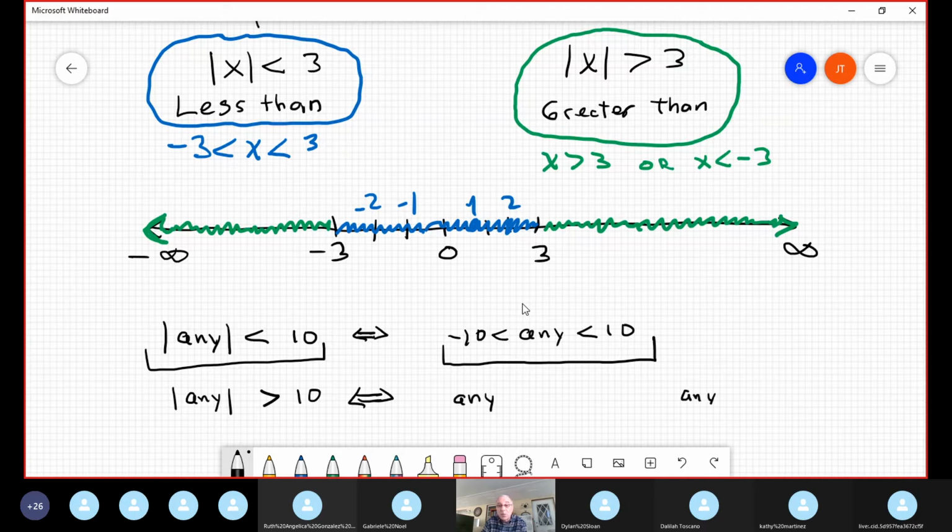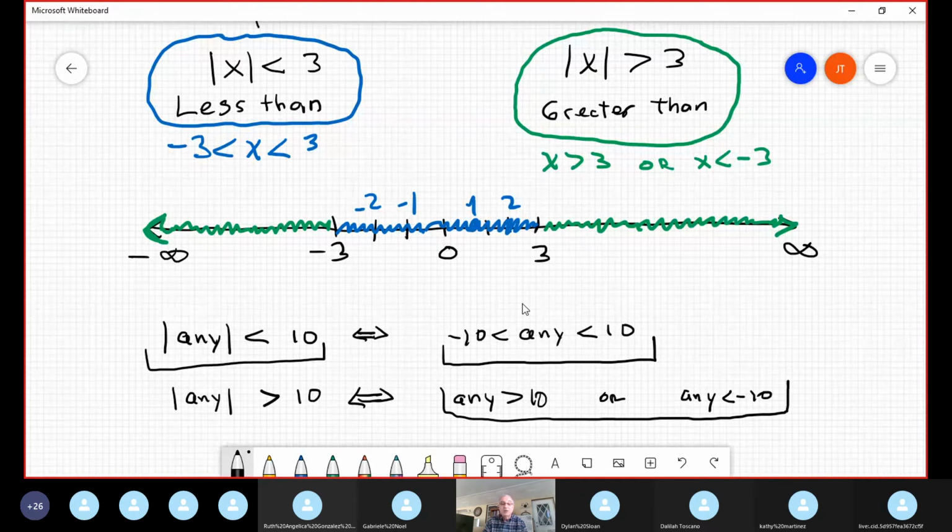Why? Because we have 2 intervals. This is greater than 10 and less than -10, connecting by or, and you form again a compound inequality, but this compound inequality gives me the solution with 2 pieces, 2 intervals. A little bit confusing or clear?